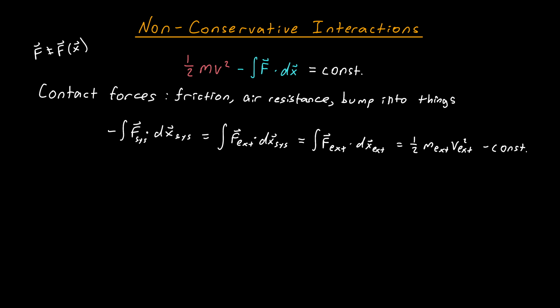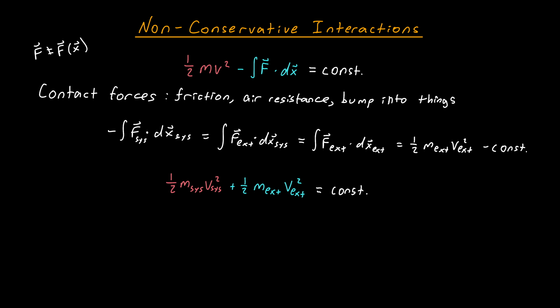So in the case of objects that are interacting via contact forces, we can rewrite energy conservation by saying 1/2 m system v system squared plus 1/2 m external v external squared equals some new constant.